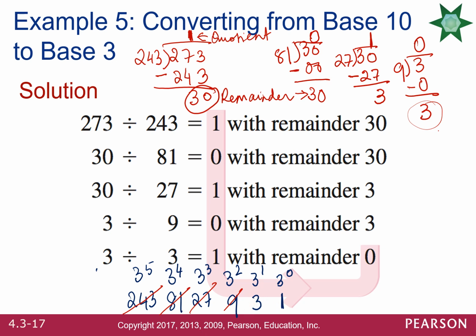So 3 divided by 3. 3 goes into 3 once, so we write the 1 as the quotient, and we have 3 below it, and 0 for the remainder. We write it as 3 divided by 3 equals 1 with remainder 0.